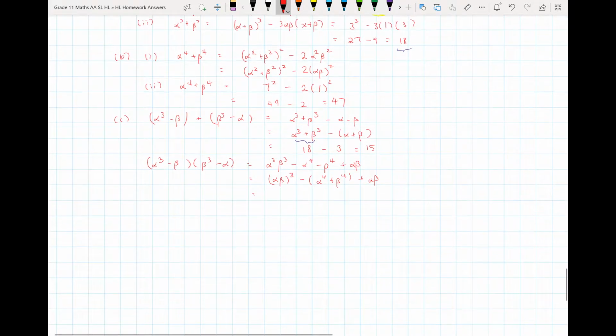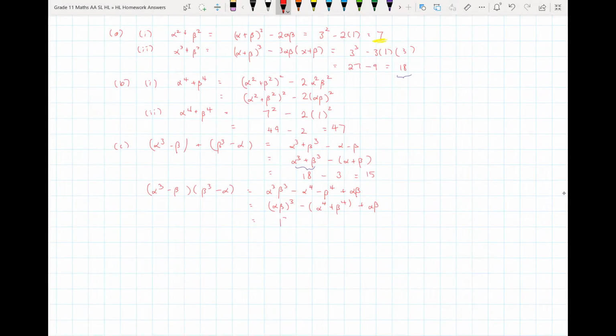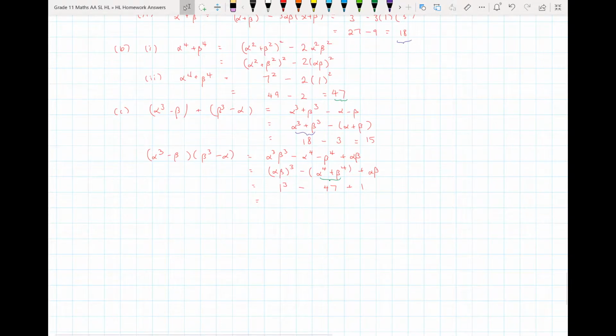We have alpha beta to be 1, right? Yes. This is 47. So this number is this number. Alpha beta is 1 again. So we have 2 minus 47, which is minus 45.